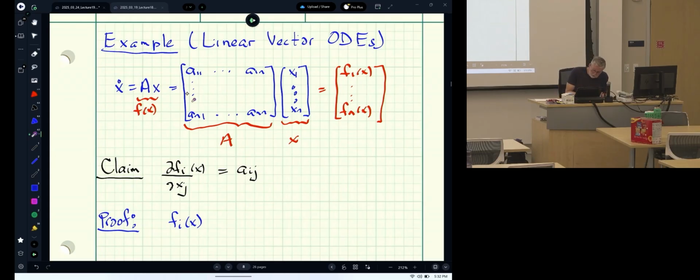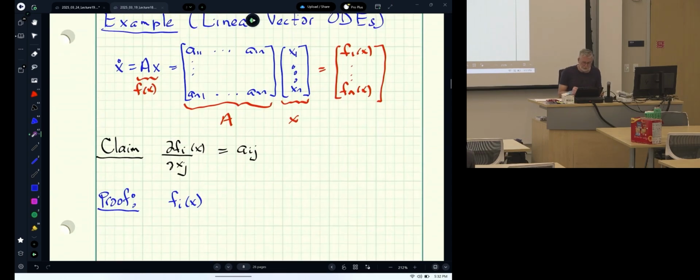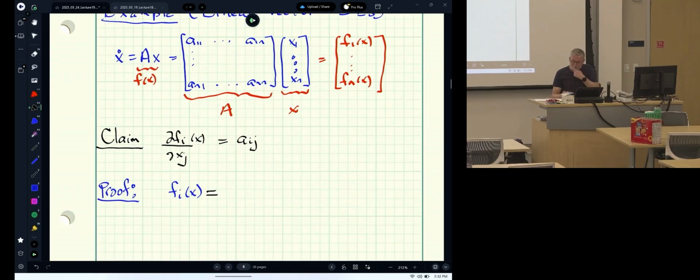Well, it's the ith row of A times x. And using the finger tracing method, can someone help me write down, what do I get here? What's the first term?